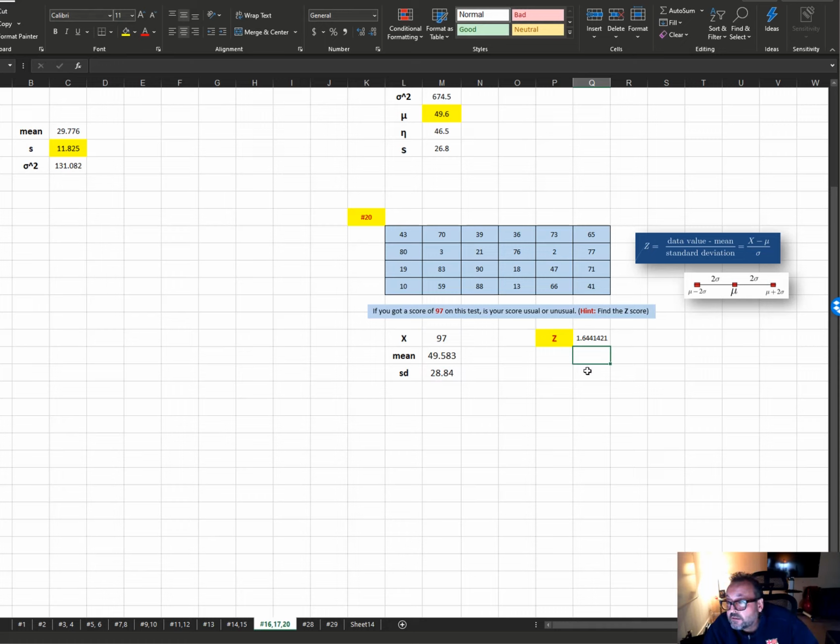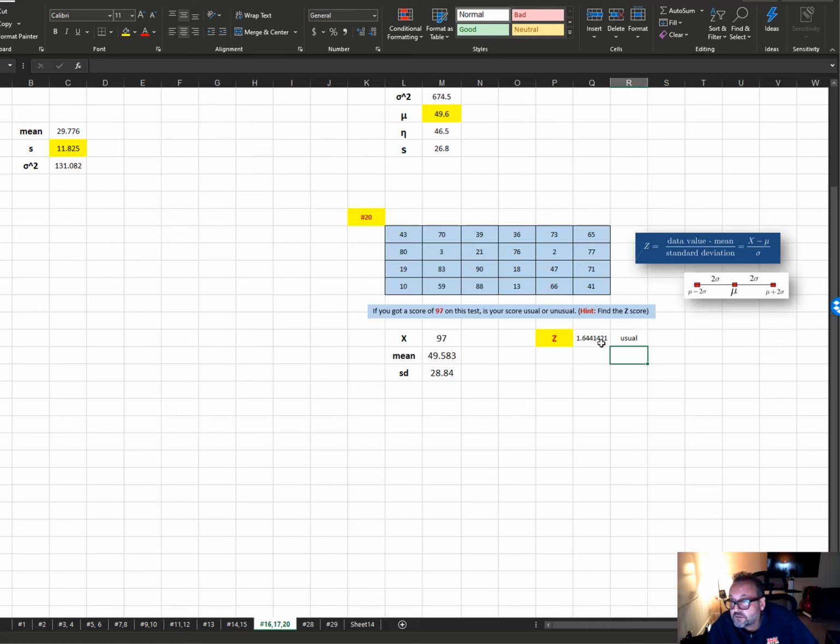Now, because you're wondering, what if I didn't know I have to use .s, what if I use .p? Let me do it with .p and see if it makes a difference. Let's just finalize our answer. Here it is, 1.6, so it's within plus or minus 2, so it's usual. If it was like 2.8, it would have been unusual, or negative 2.7. So if it's between -2 and 2, then it's usual.